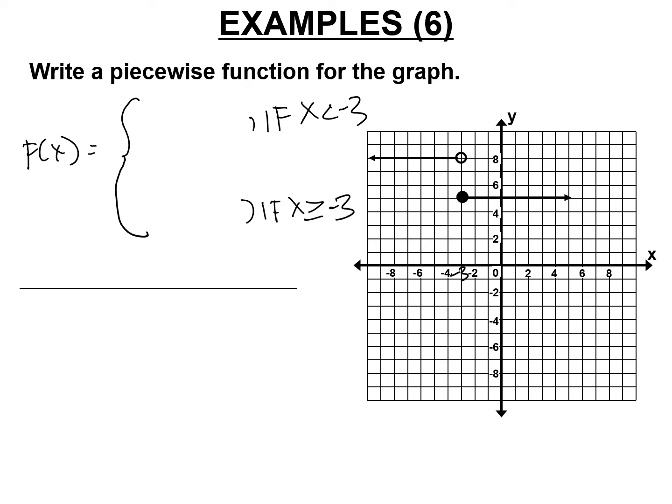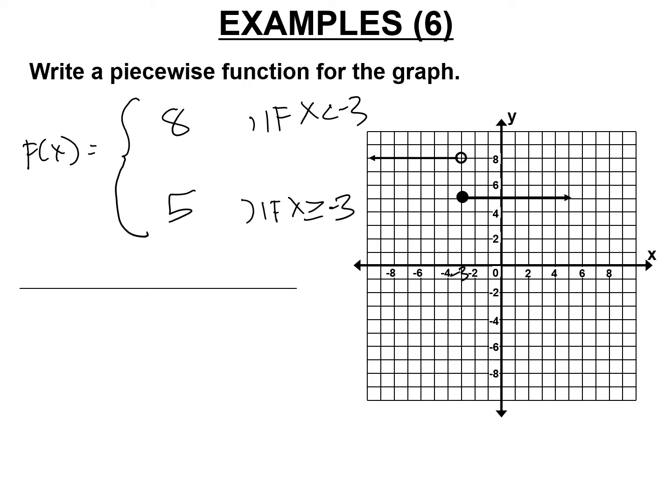And we don't write y. This is a horizontal ray, and so the graph of this one is simply 8. F of x equals 8 everywhere along there. And this one is 5. F of x equals 5 everywhere along there.